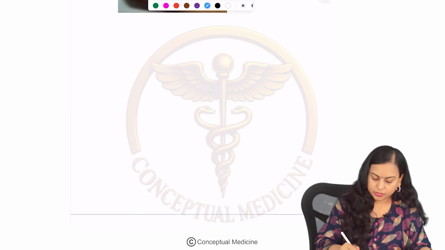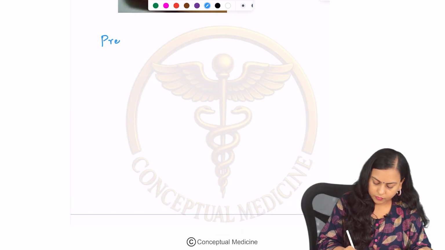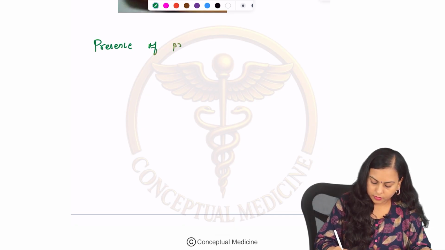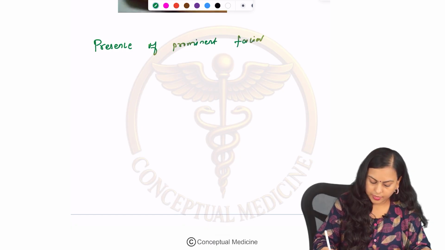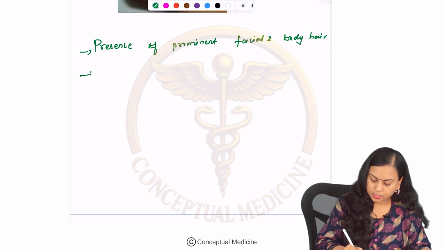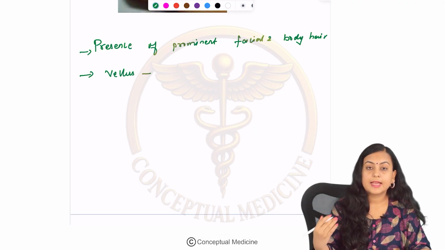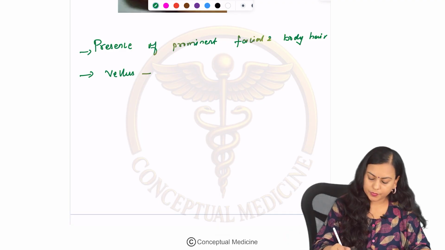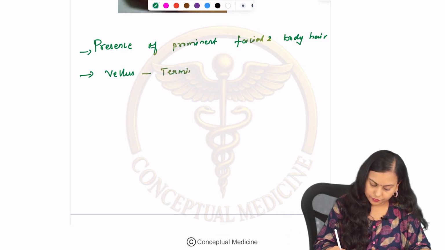Okay, so hirsutism is the presence of prominent facial and body hair. Okay, so that means the vellus hair that is seen all over the body in the female is converted into terminal hair.